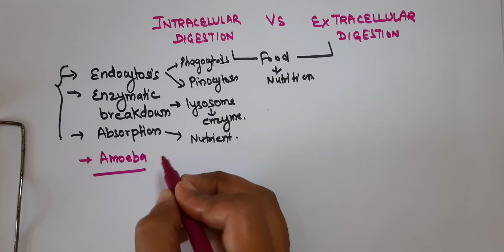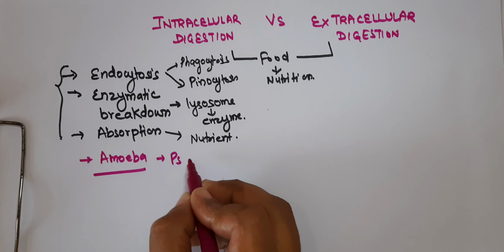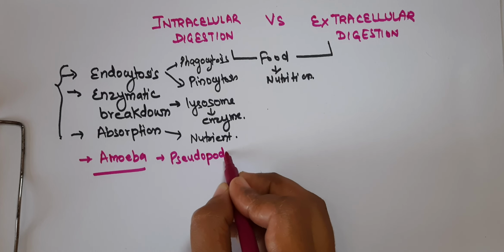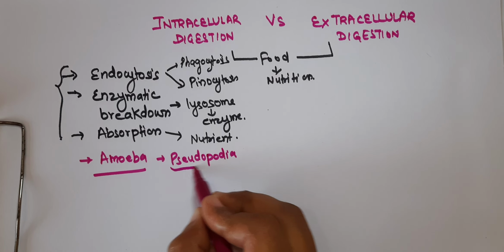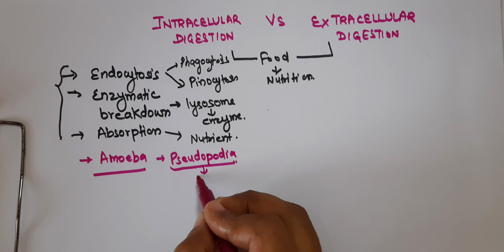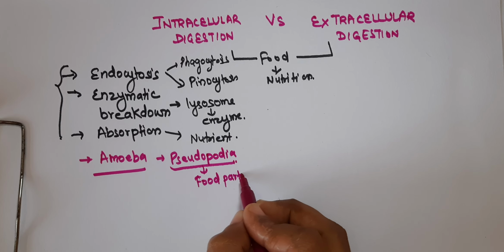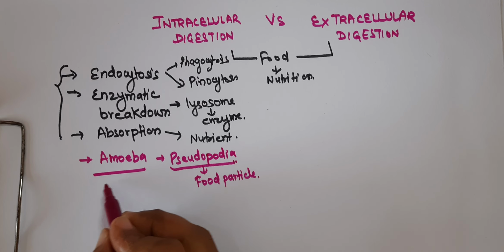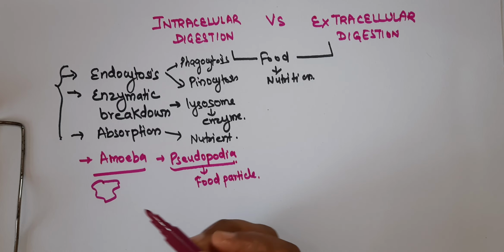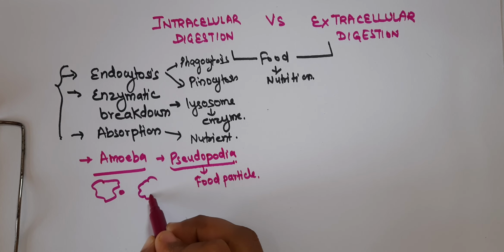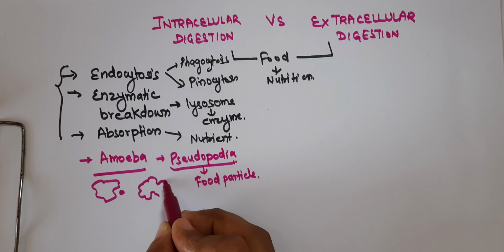So what happens, students, in amoeba is that the pseudopodia, that is its false legs, will engulf the food particle. So this is the amoeba. It will see a food and try to engulf it.